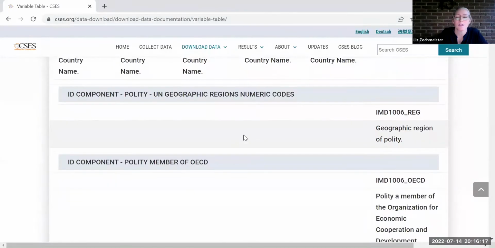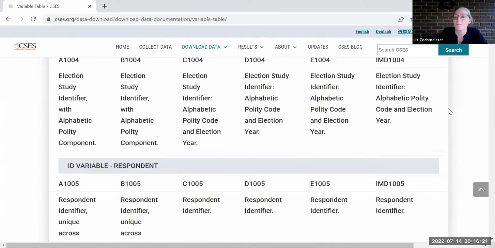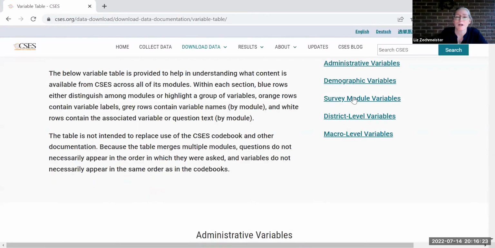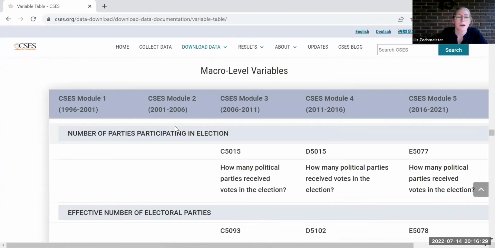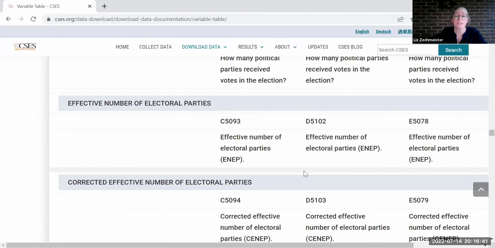It's going to be long, so let me go back up. The demographic variables, the survey module variables, the district variables, and then these macro level variables. So here, this is going to tell you for each module whether or not we had, for example, the number of parties participating in the election. So that's there. Where are these data coming from?